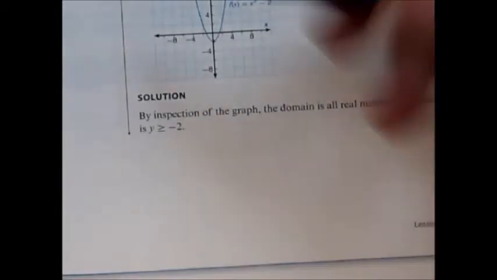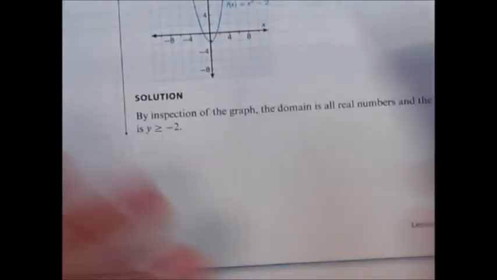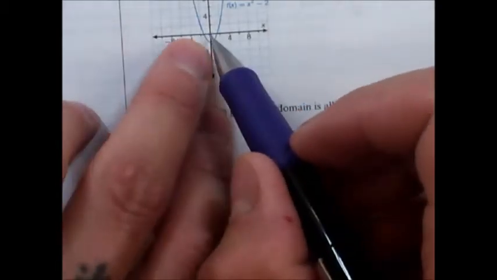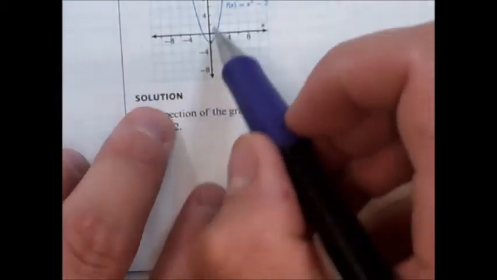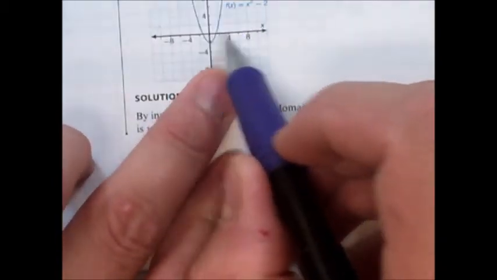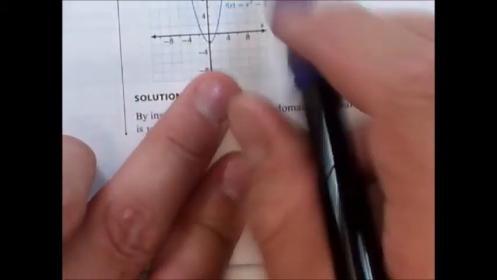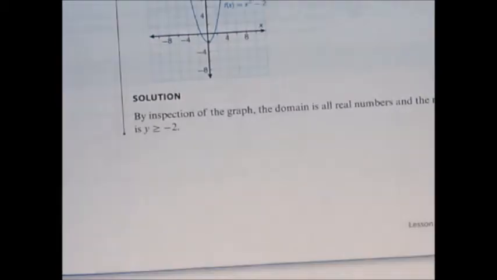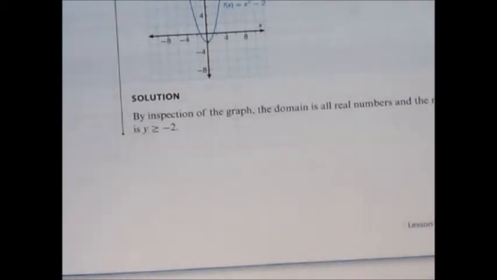My domain, those are my x values. Anytime you see a parabola, you're going to notice something. As I travel along my x-axis to the left, I will always see my line. As I travel along my x-axis on my right, I will always see my line. So if I always see my line, no matter which direction I travel, whether it's toward negative infinity or positive infinity, my options are all real numbers. Every single number known to man.